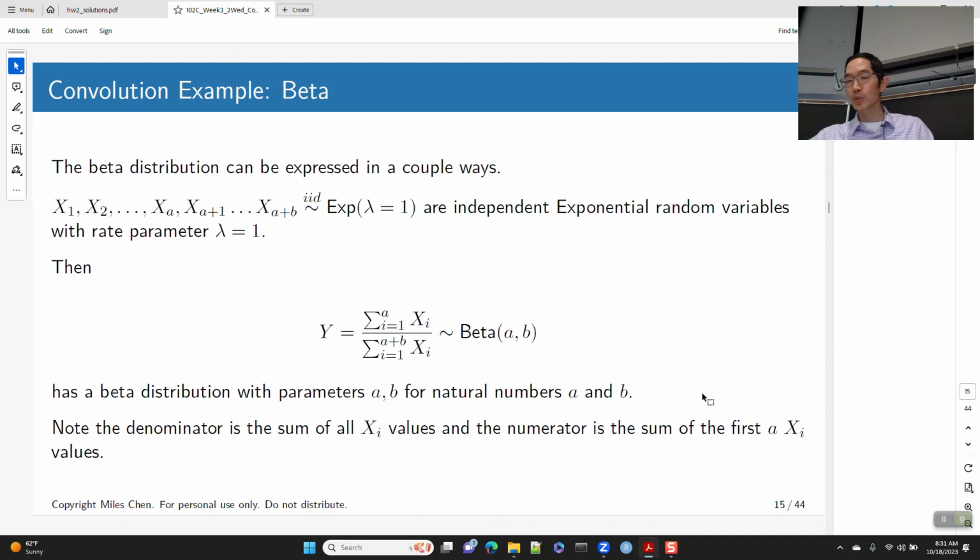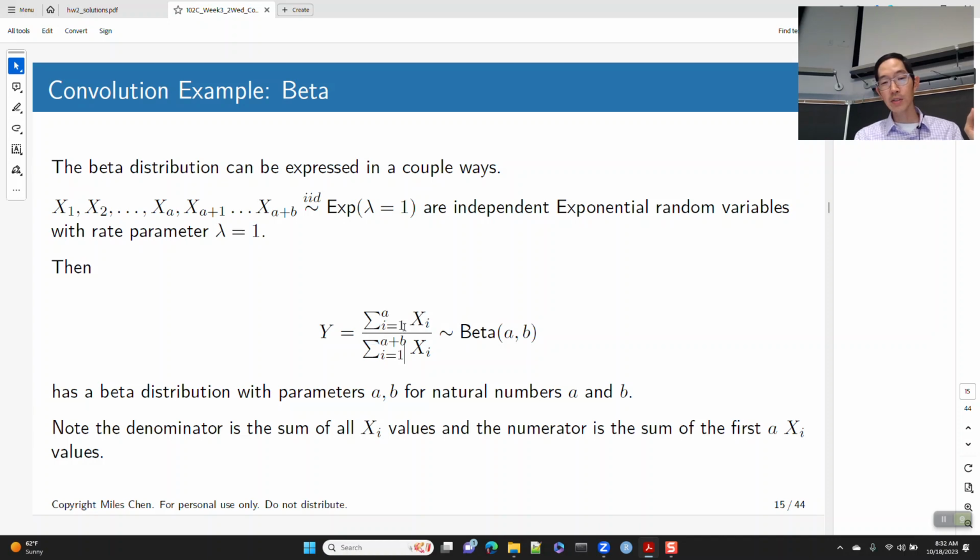To model what those proportions could be, we're going to generate 15 exponential values, and we're going to take the first 10 and add those up. So we get the sum of the first 10, and then we divide by the sum of all 15.